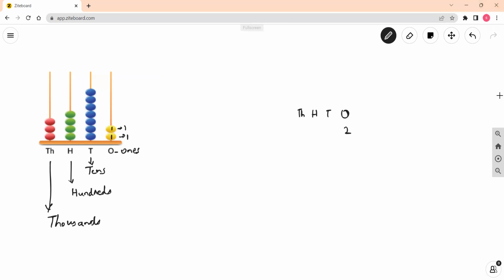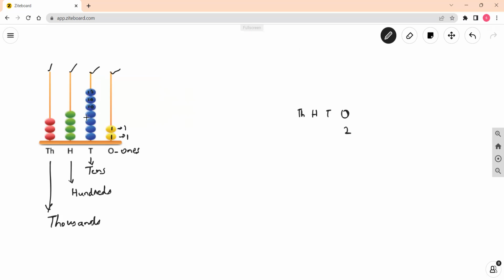This is called the ones rod, this is called the tens rod, this is called the hundreds rod, and this is called the thousands rod. Each blue bead here represents 10.